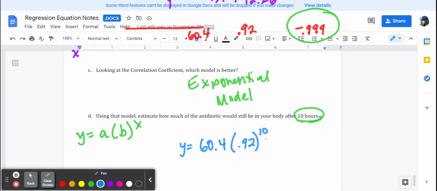And when you plug that into your calculator, you should get 26.2 milligrams of the antibiotic is left in our system. And that is how you find regression equations.